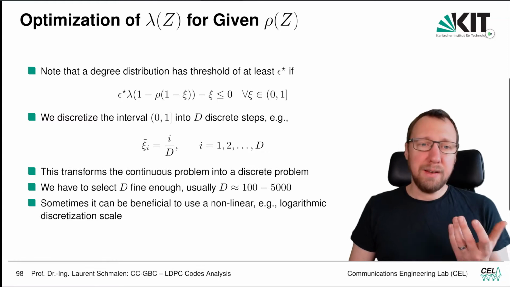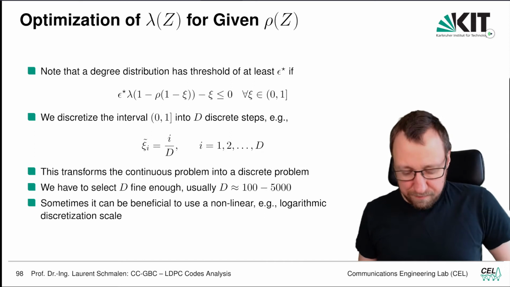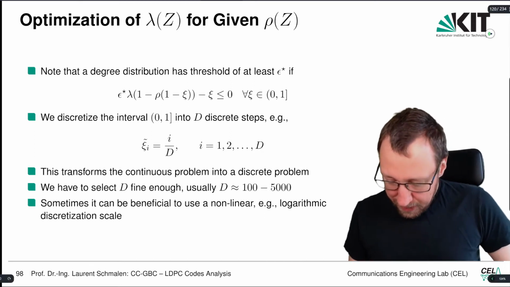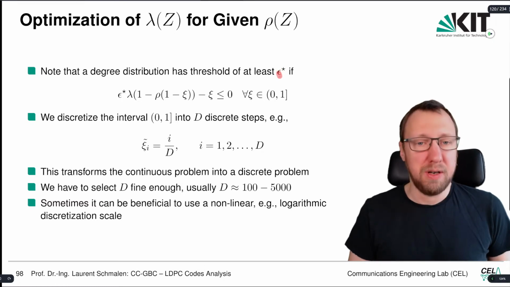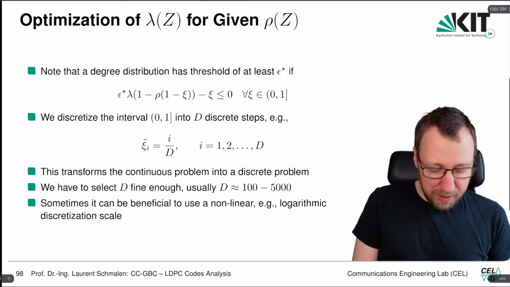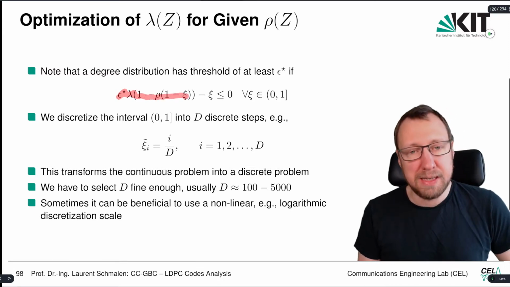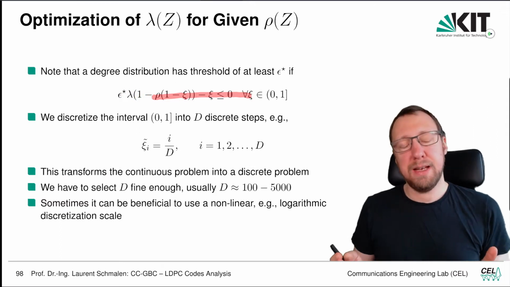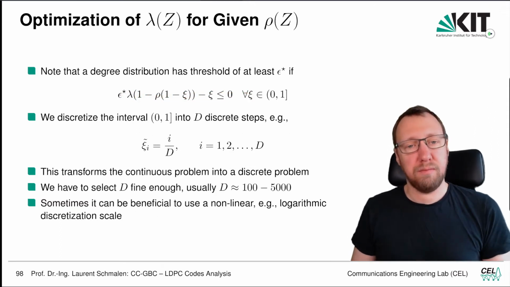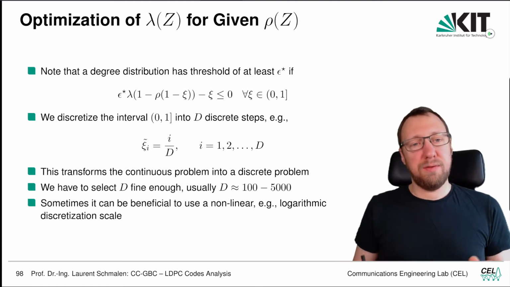Well, we start with the threshold condition or fixed point condition. So we have the case that we have a threshold of at least epsilon star if epsilon star times lambda of 1 minus rho of 1 minus xi is smaller or equal than 0 for any xi between 0 and 1. Now this is a continuous problem, so we have a continuous function.